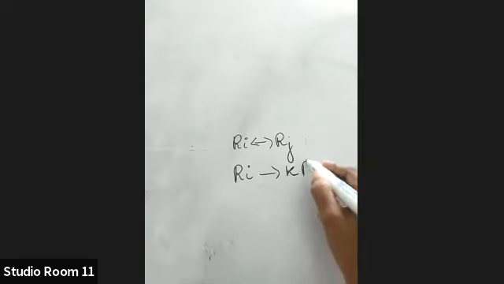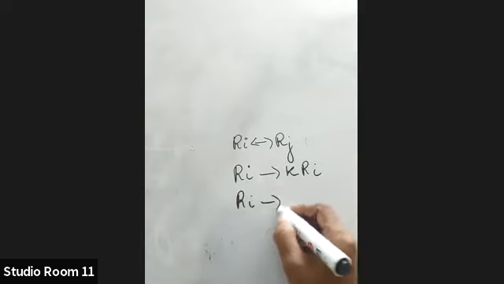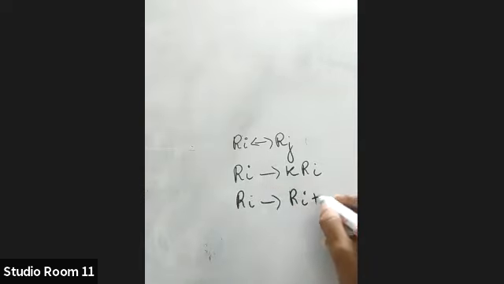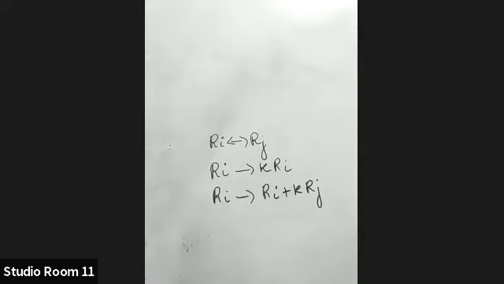Ri gets some constant into Ri. And the next one is Ri gets Ri plus some constant into Rj. We multiply the corresponding elements of another row by a non-zero scalar and add it with the corresponding elements. These are the row transformations.